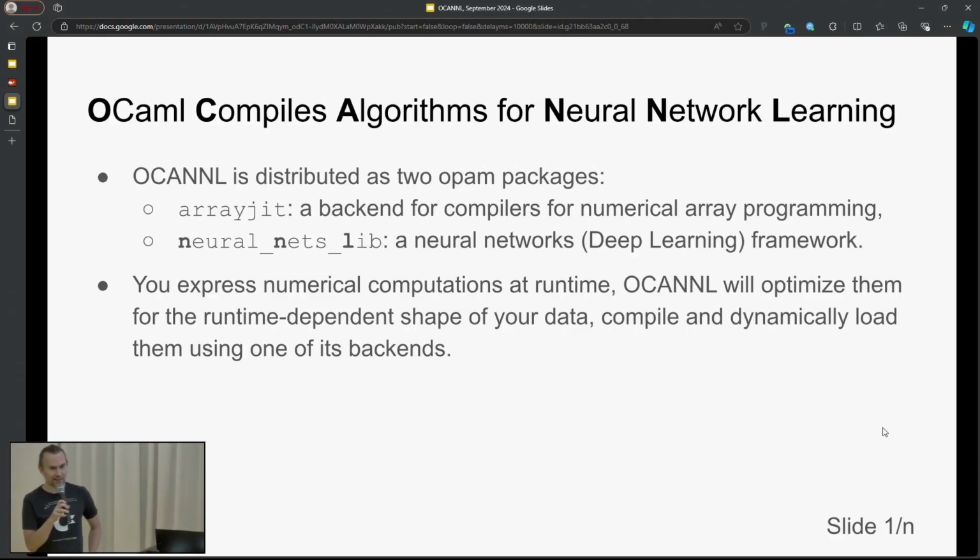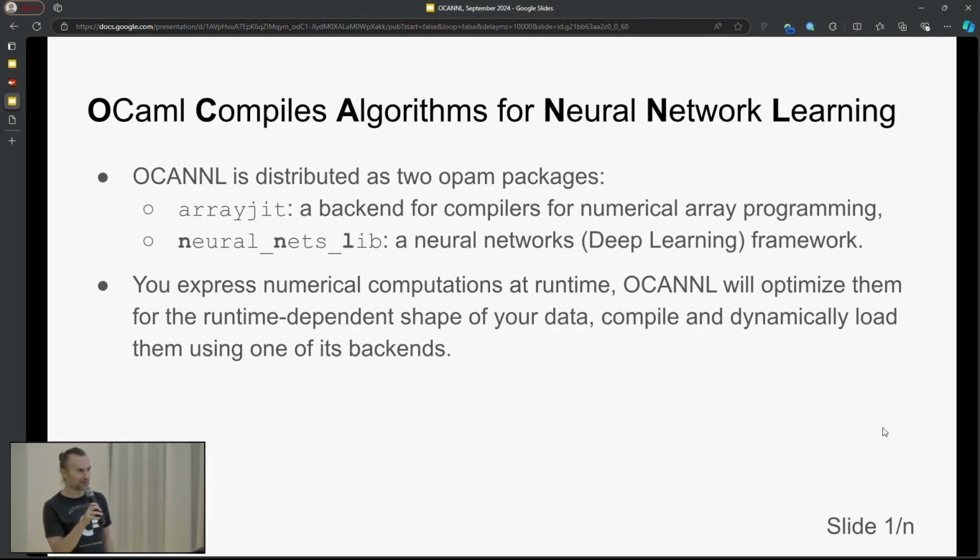So what's OCANNL? It's a bit confusing, OCANNL with a double N. It stands for OCaml compiles algorithms for neural network learning. Or also it stands for OCaml Neural Nets Library. It's distributed as two packages.